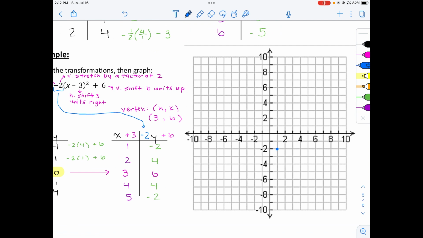Then I have 2, 4, which is here. 3, 6 is here. 4, 4 is here. And 5, -2 is here. And then if I were to connect that, it's going to be like this.